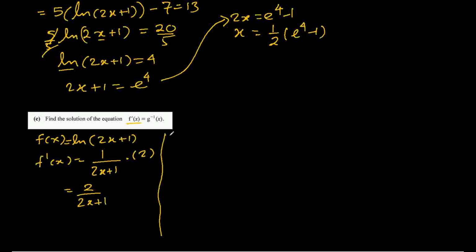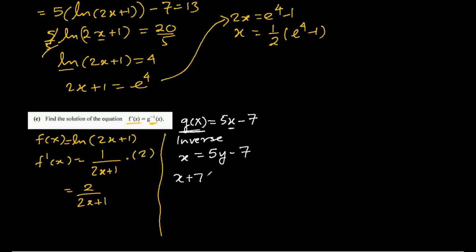Now let's find g inverse x. And g(x) is 5x minus 7. So to find the inverse, what do we do? We substitute g(x) by just x, and this x becomes y. So it will be x plus 7 equal to 5y, divide both sides by 5, and we got our inverse.